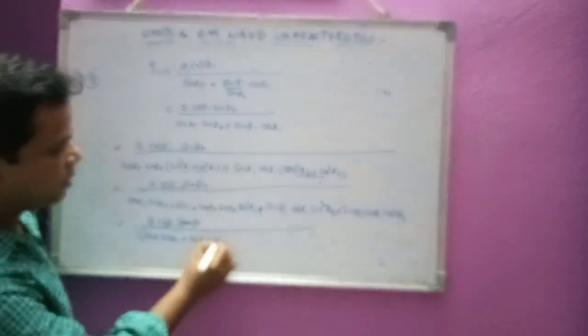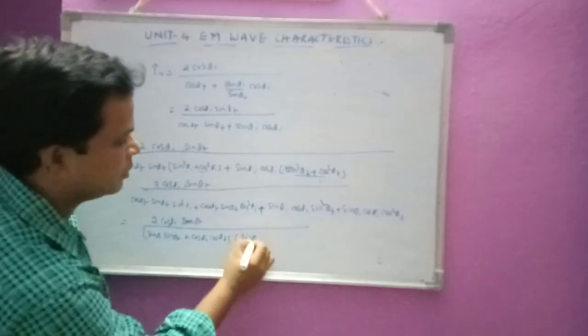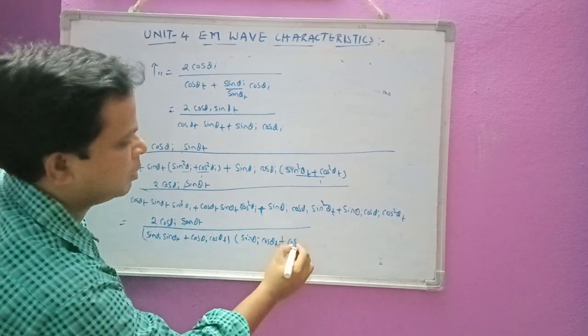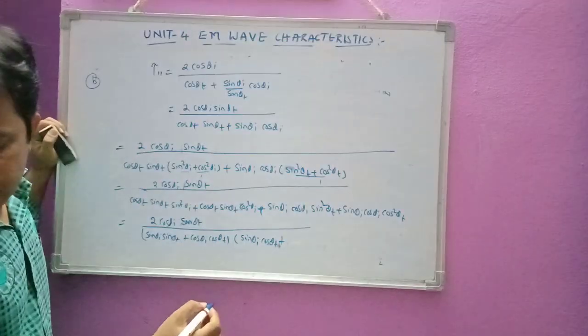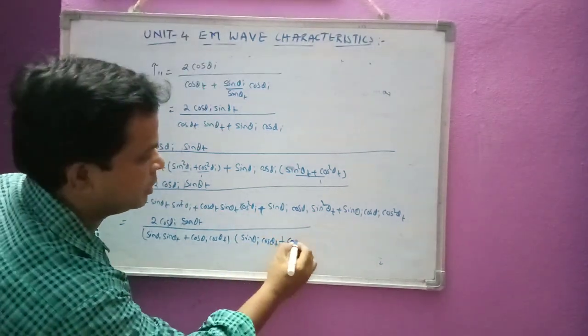You can verify this one: cos theta t into sin theta I cos theta t plus sin theta I cos theta I sin theta t.